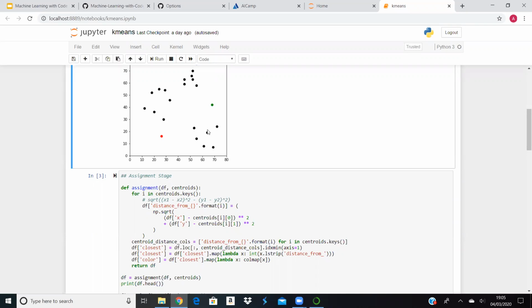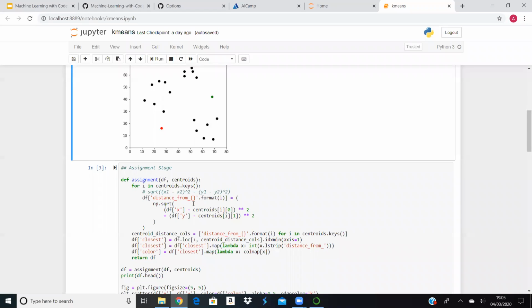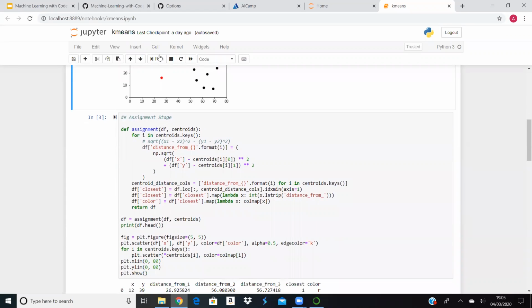So here we have the data which is static. We are just going through the entire data again and again to find out the right value of our clusters, because we don't know anything, this is completely unlabeled data. So that's why we have to go through this complex task.